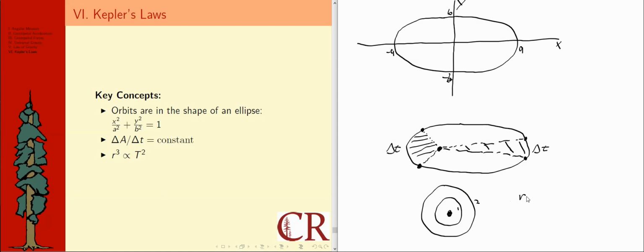You could also express that as ratios, right? Because all proportions, you can do that. So you could say r1 cubed over r2 cubed should be equal to t1 squared over t2 squared as an interpretation of this proportion. But again, it's really about comparing planets in different sized orbits.